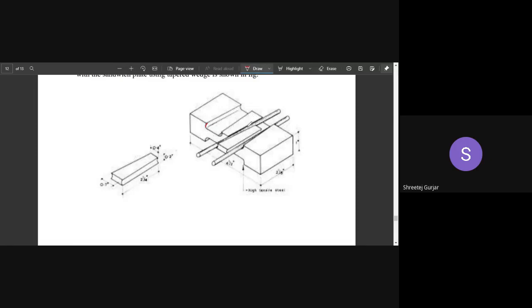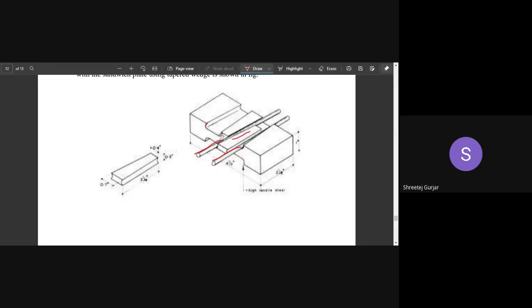In each groove or gap, two steel wires can be held in place. You can stretch two wires and hold them in place using this wedge.